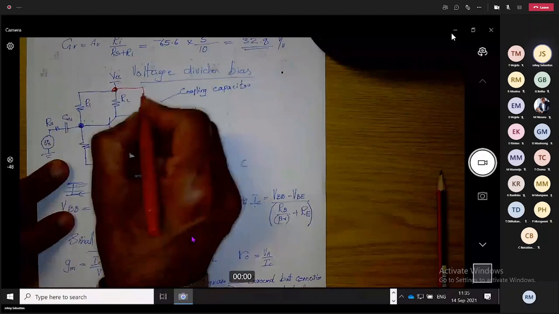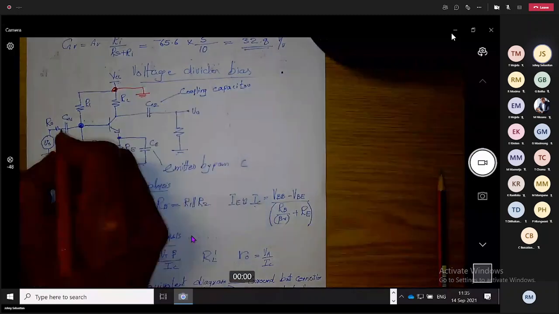Capacitor CC1 is short circuited. Capacitor CC2 is short circuited.